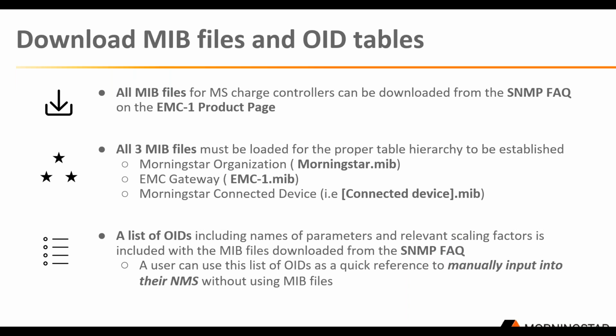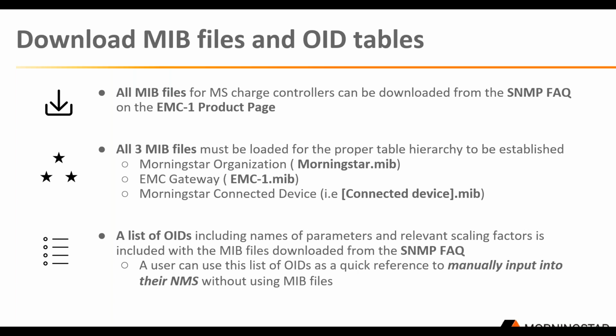So the next thing you'll want to do is download the MIB files and the OID tables. The MIB files you can find in the SNMP FAQ. You'll see the main call out for the SNMP launch announcement takes you to a FAQ web page with a bunch of frequently asked questions and step-by-step instructions for what you need to get going. The MIB files are contained there in a link to a downloadable zip file.